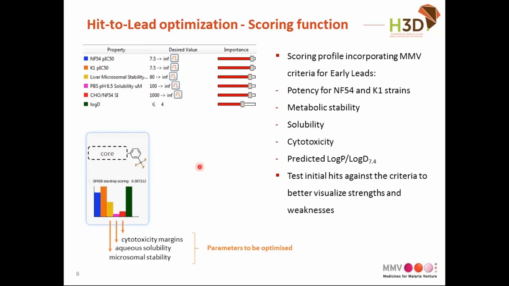So for the series that is shown here, we see that the activity against sensitive and resistant strains are quite good, but we have issues with metabolic stability, solubility, and cytotoxicity. These three parameters are definitely things that we need to improve to get to the early lead criteria.